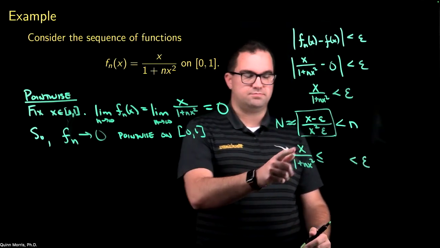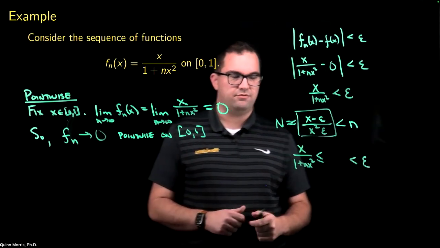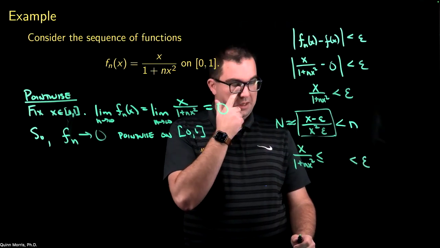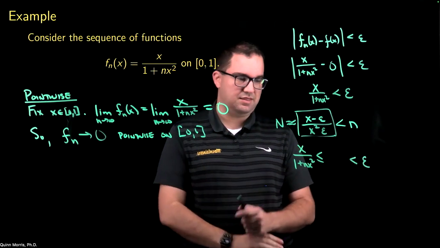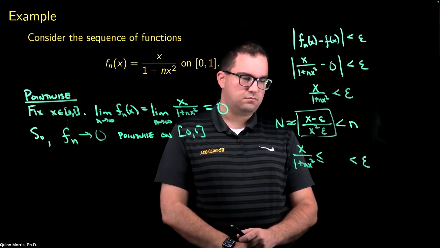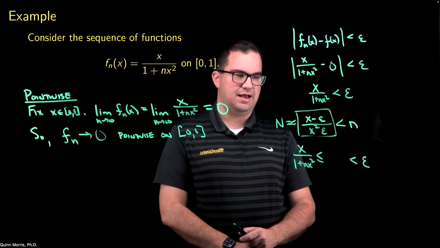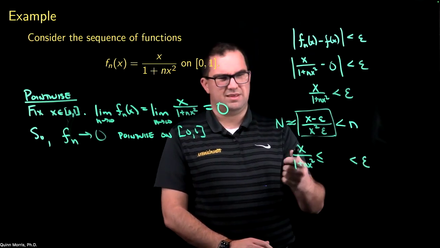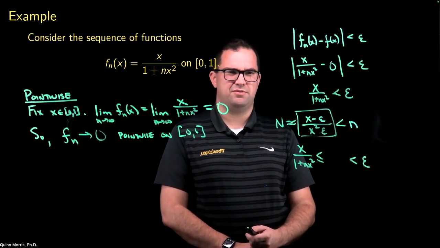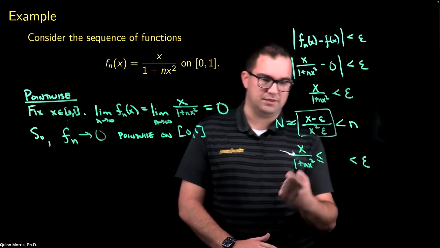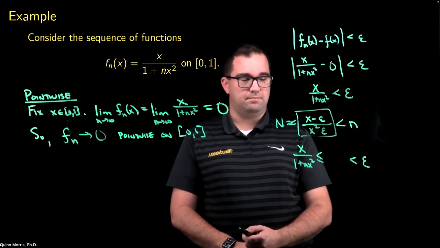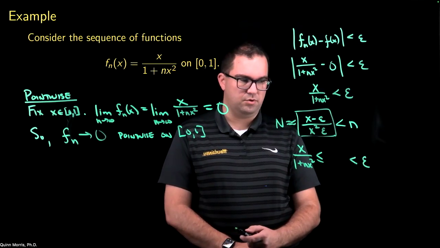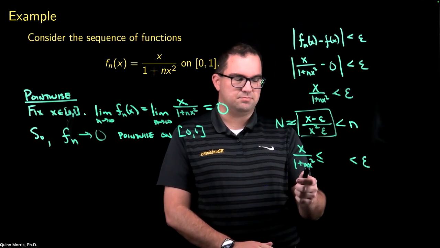Now, I could just play around with some x stuff, right? So I could look at this and say, what's the smallest that x could ever be? Well, that's 0. And if I just put 0 there, then things disappear. Okay, so maybe that's not good. I could look at the bottom and say, I make the bottom as small as possible.